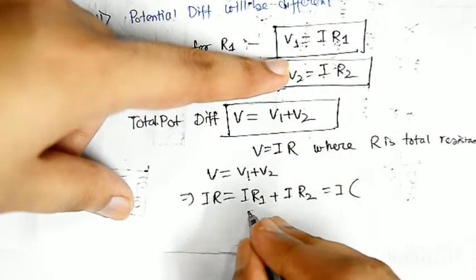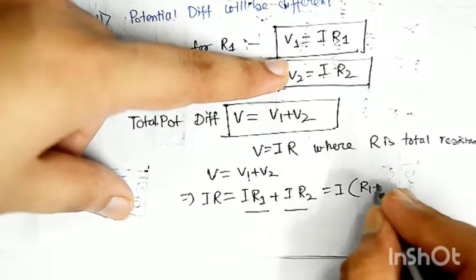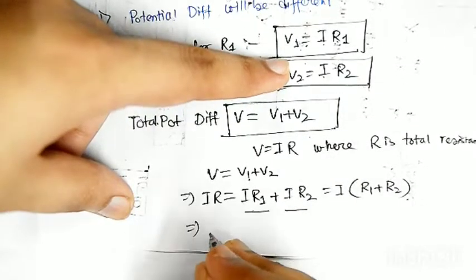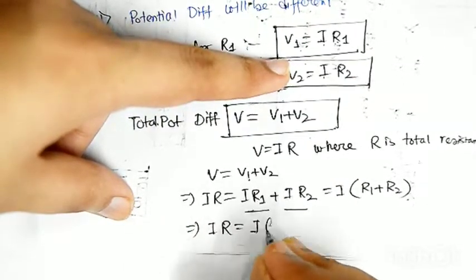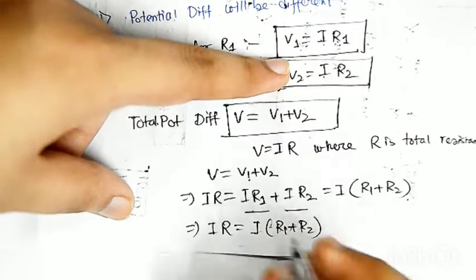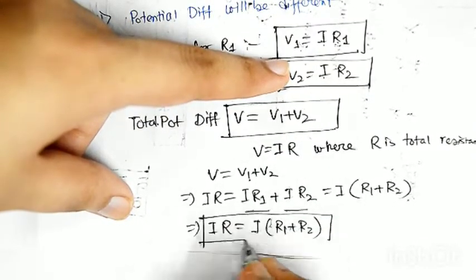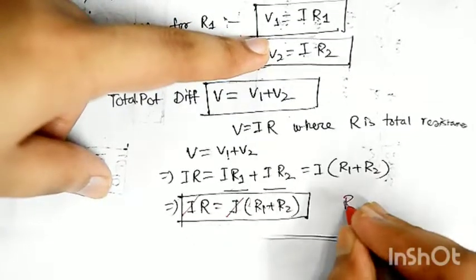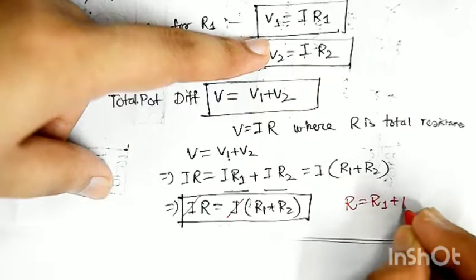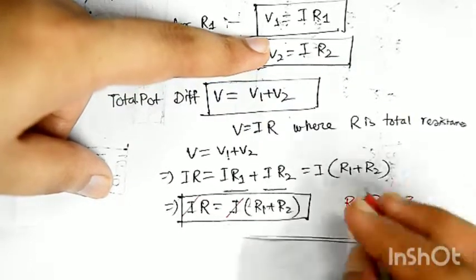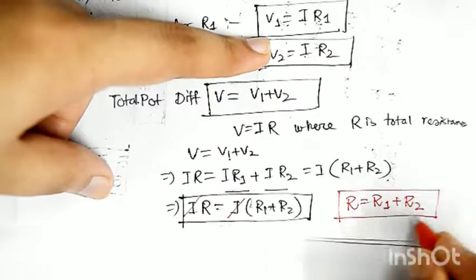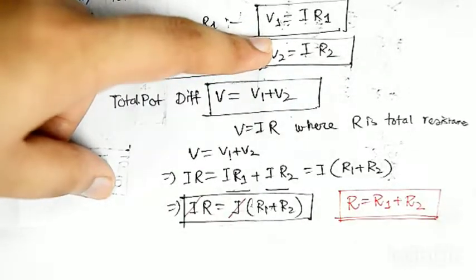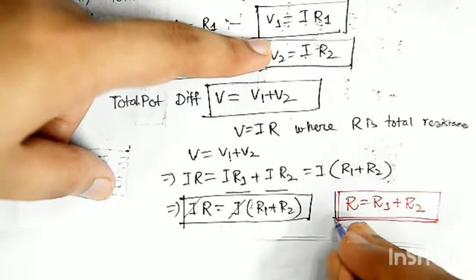If I take I common from these two, I will get I into R1 plus R2. So IR equals I into R1 plus R2. This is the equation we get. If I cancel I on both sides, I get my final equation that R equals R1 plus R2. This is how the formula of series connection is derived in physics.